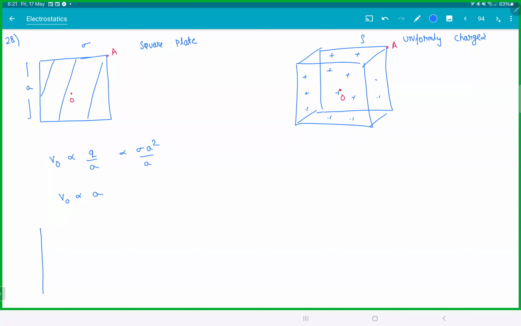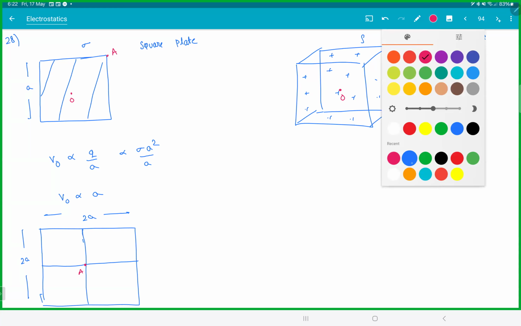That means if you take a square sheet of the side 2A, so this point will be the A now, isn't it? For the big square plate, the center will be the corner of one small square plate.